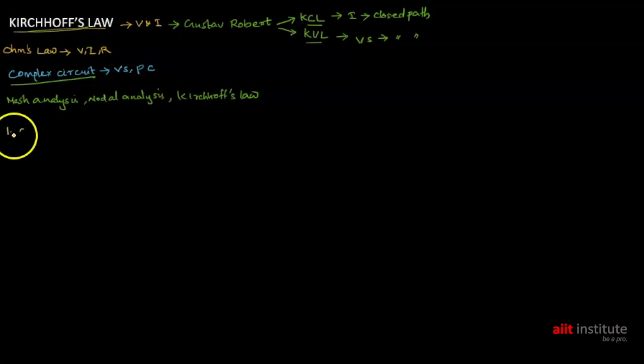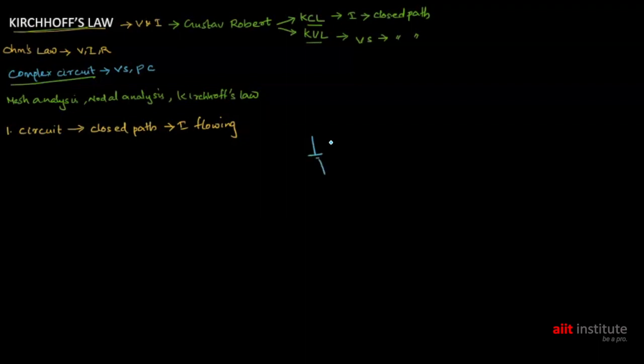First one, circuit. You are familiar with this word, right? So what is a circuit? A circuit is a closed path through which current is flowing. So, I will draw one circuit.